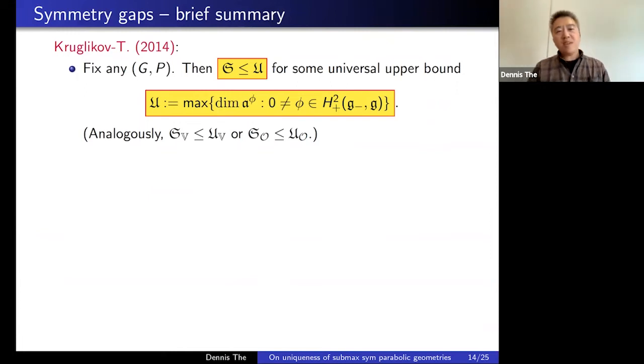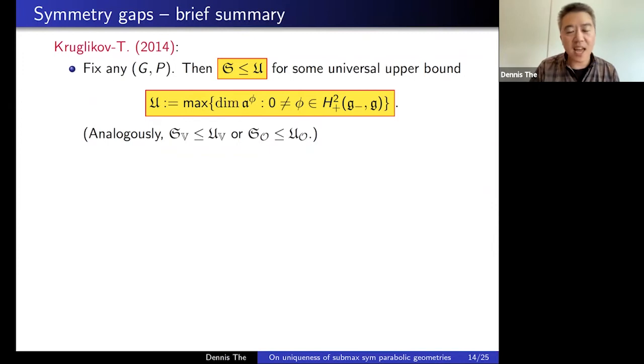Fix any G/P, then the submaximal symmetry dimension is bounded by some universal upper bound. Universal in the sense it applies for all cases here. Doesn't matter if it's split real or not. Here you have geometry talking about symmetries, here you have algebra. This is the maximum dimension of this Tanaka prolongation, subject to this condition of phi being non-zero.